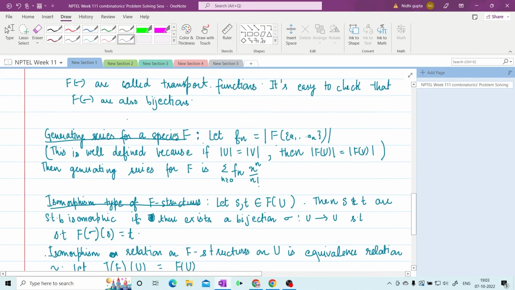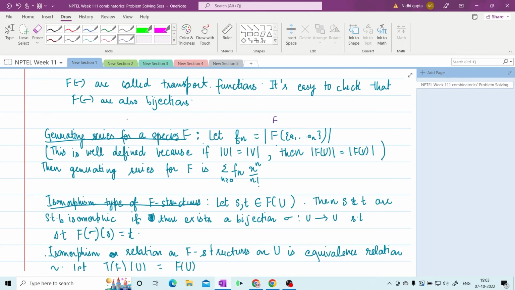First of all, we define fn to be the order of the set which is assigned to the n element set. So f is a function which is assigning a set to each finite set.